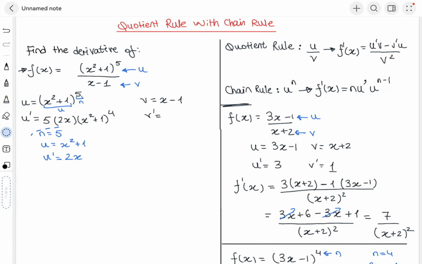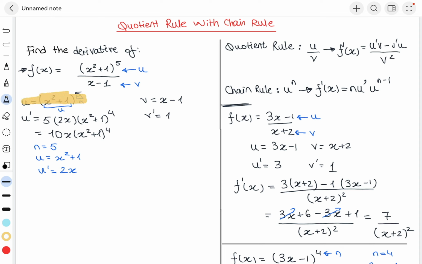And now we can simplify that and multiply 5 by 2x, so 10x times x squared plus 1 to the power 4. Now v prime: the derivative of x is 1 and the derivative of negative 1 is 0 because it is a constant. This is our u, this is our v, this is our u prime, and this is our v prime.